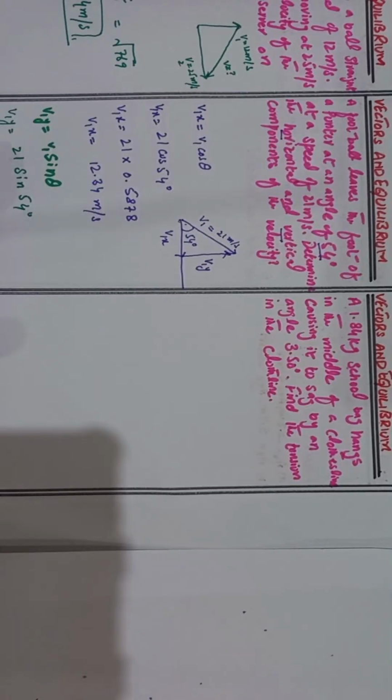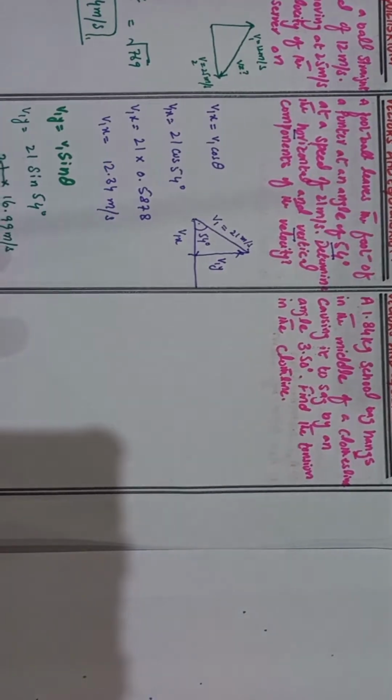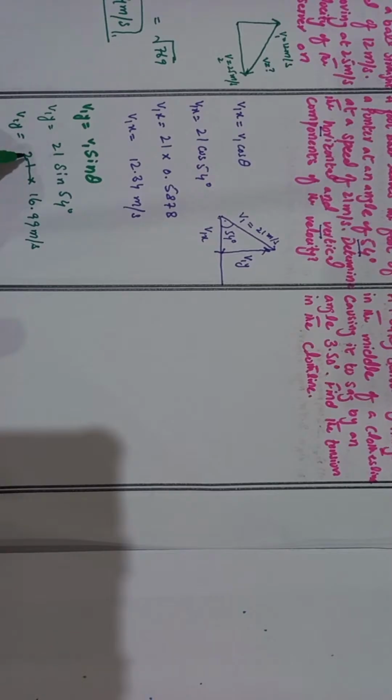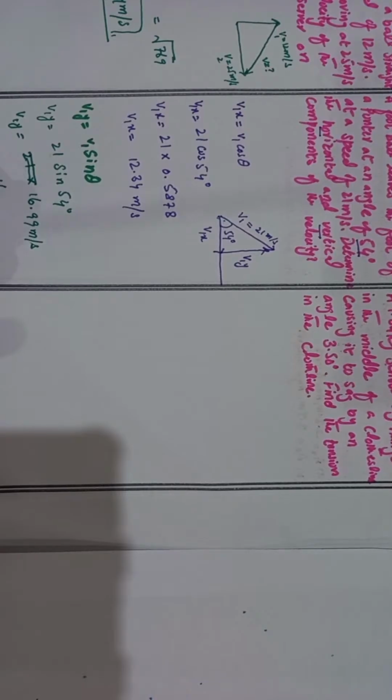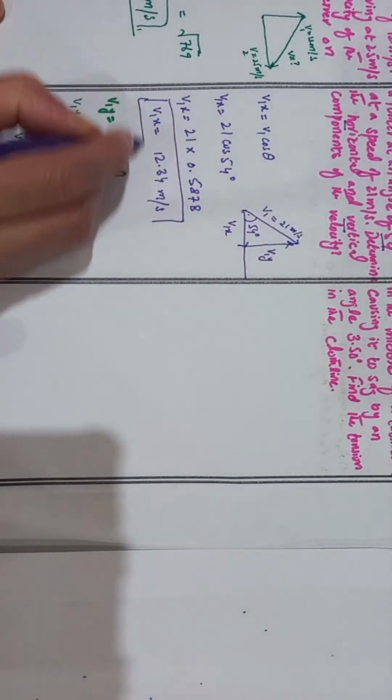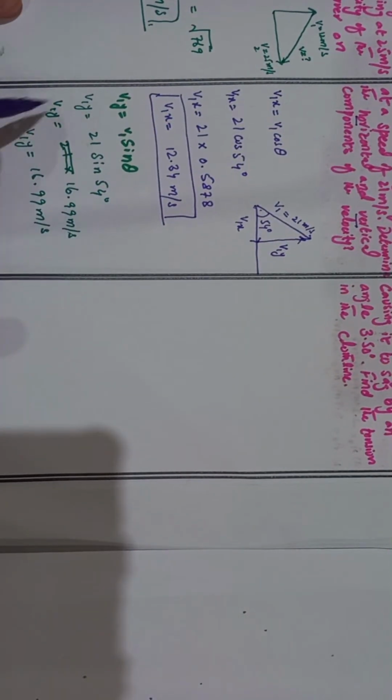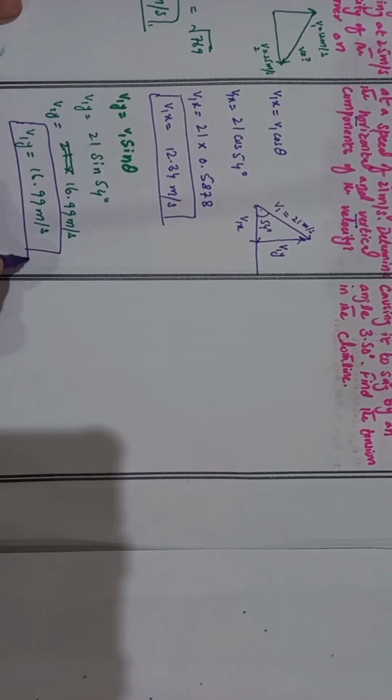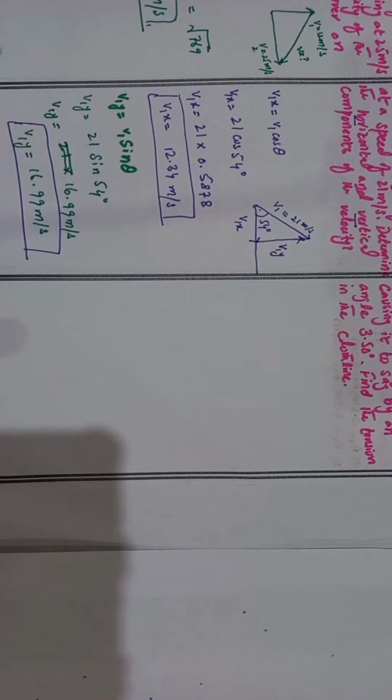If we multiply it directly, we get the answer 16.99 meters per second. That is the vertical component of the velocity. So v1x is equal to 12.34 meters per second and v1y is equal to 16.99 meters per second.